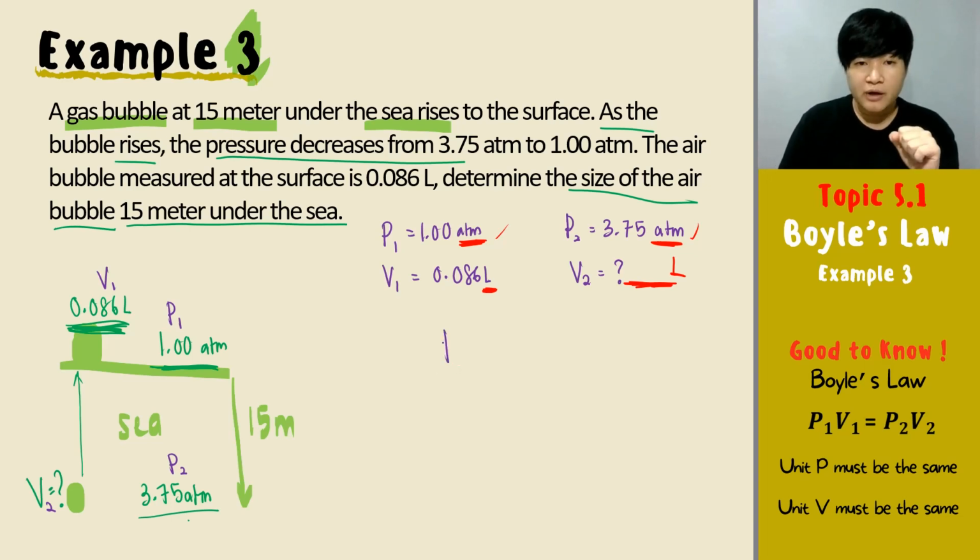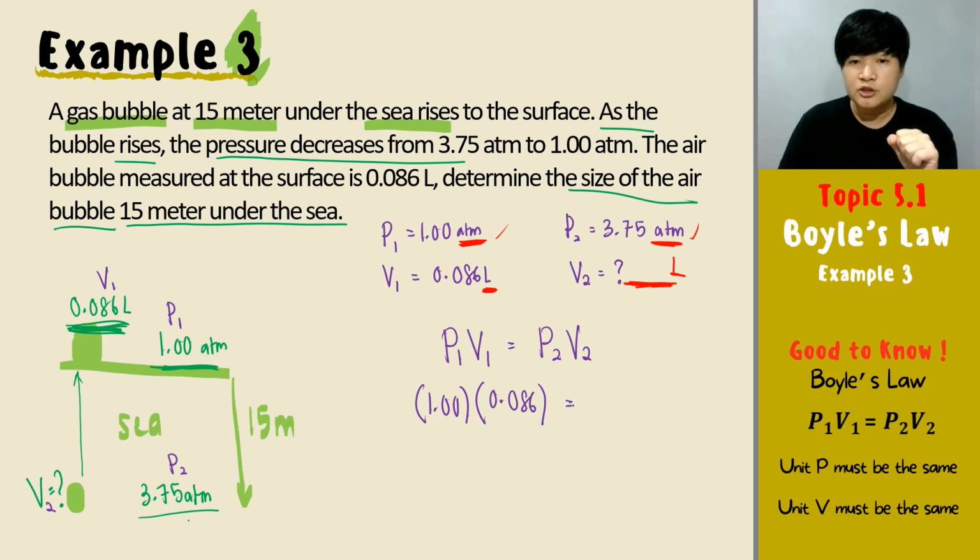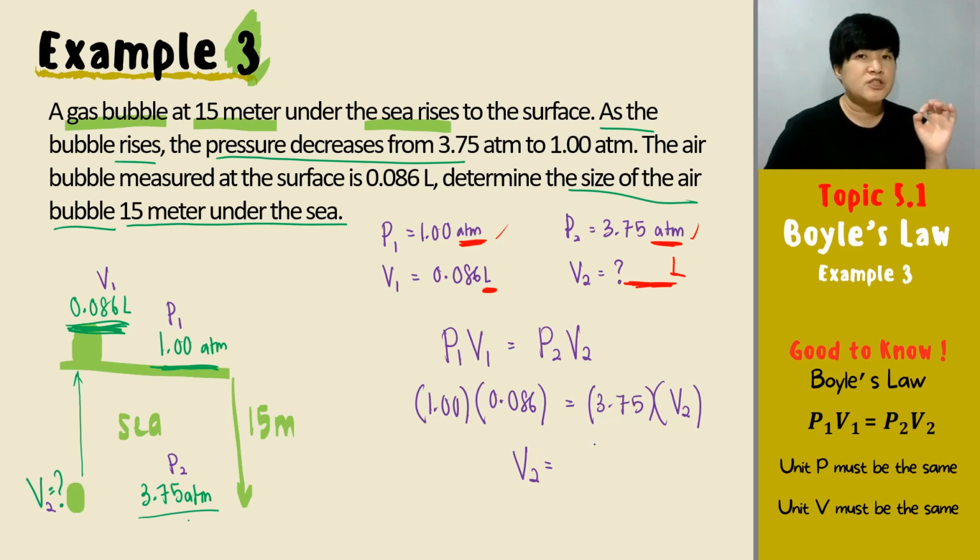Okay? So you have the formula of P1 V1 equals to P2 V2. And your P1 over here is 1 atm. Your V1, 0.086 liter. Your P2 given 3.75 atm. Looking for the V2. So the V2 calculated over here will be smaller or bigger than V1?